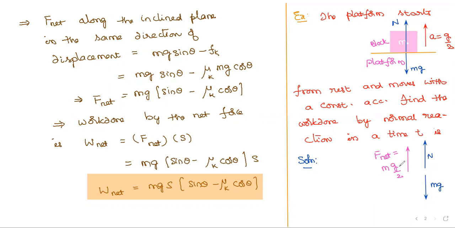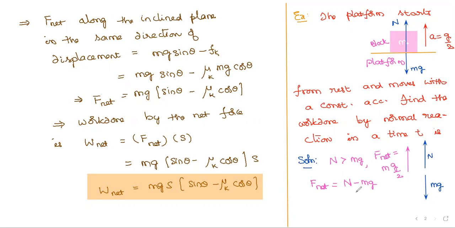Without second thought, you can write N is greater than mg. Since they are in opposite directions, F net is equal to N minus mg.